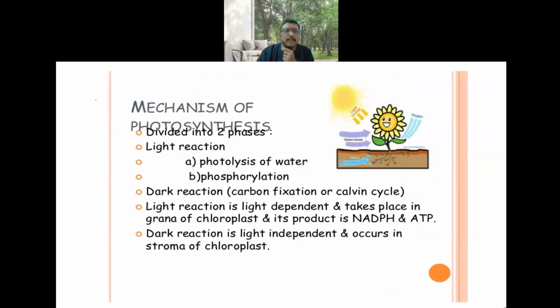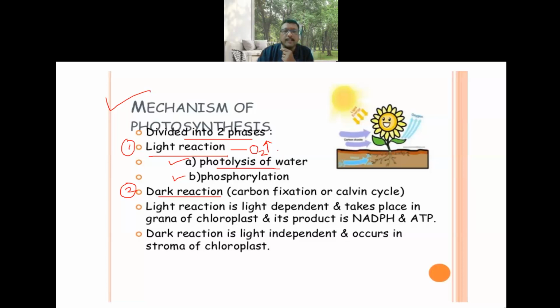The mechanism of photosynthesis is divided into two phases. The first one is the light phase, and the second one is the dark phase. Light phase and dark phase. In the light phase, photolysis of water occurs and phosphorylation takes place.